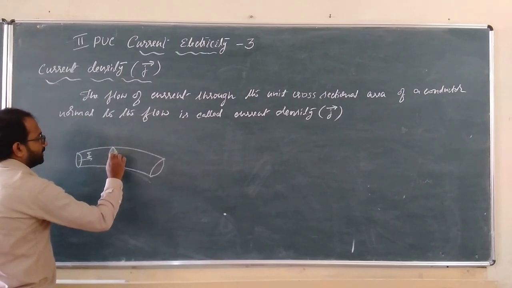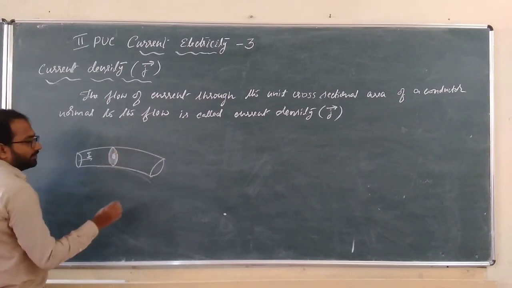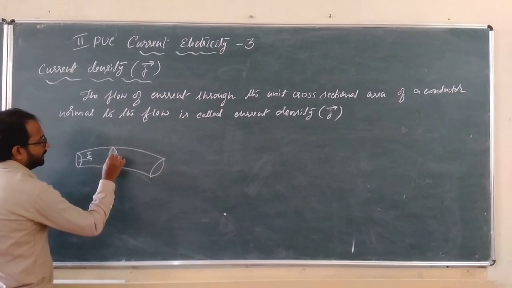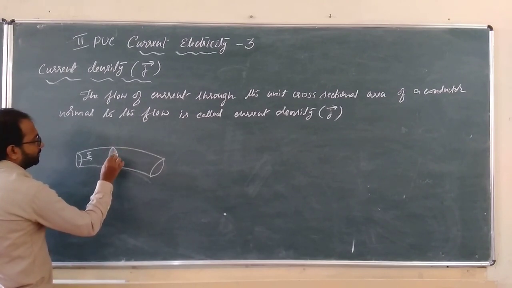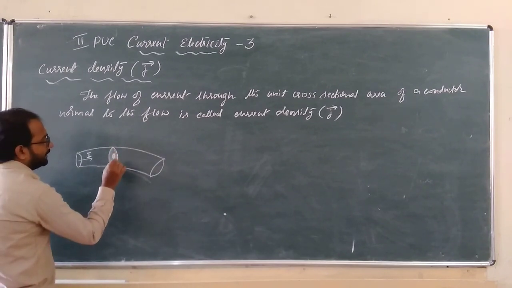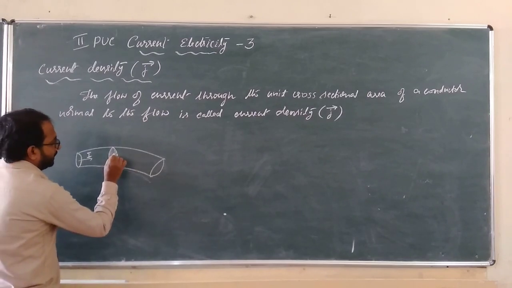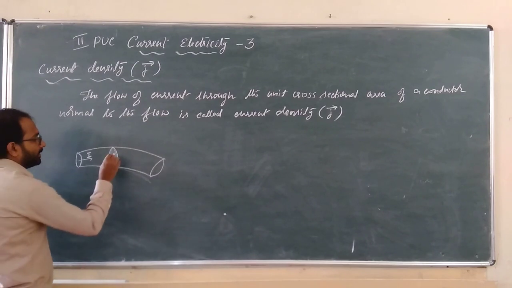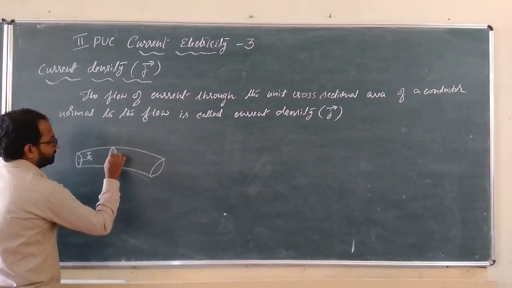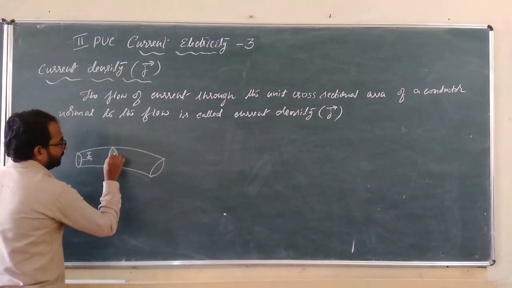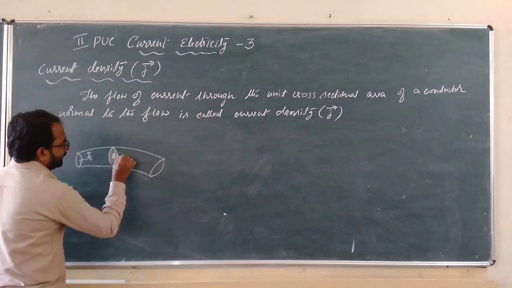Okay, I consider the unit cross sectional area. So here what is the amount of current flowing? Calculate what is the amount of current flowing through this particular area, which should be normal or perpendicular to the flow of current.